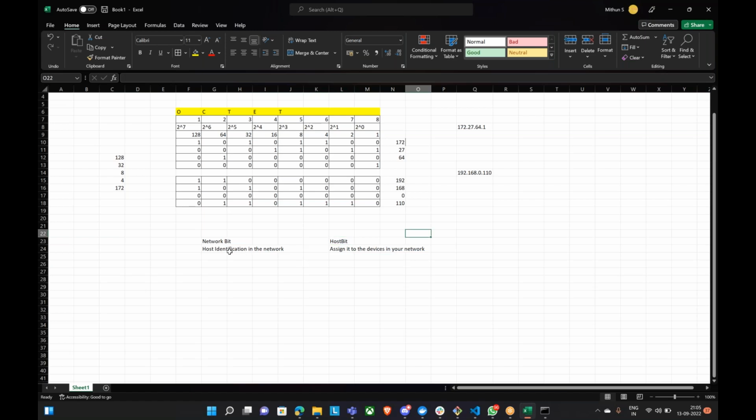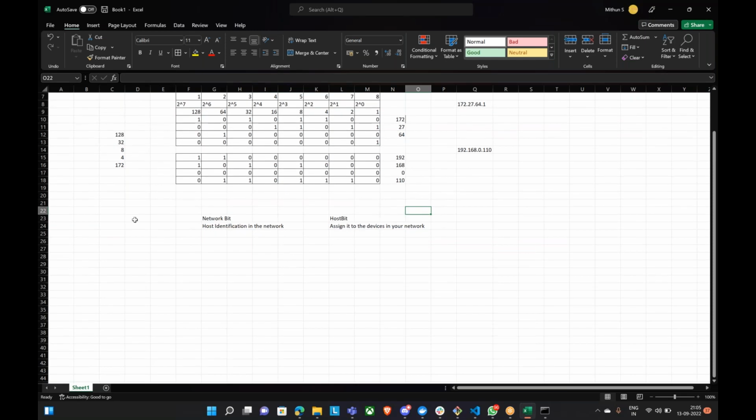Now how much you will have to dedicate to the network bit and how much to the host bit? This was decided based on the classes. So now I will write the classes here.